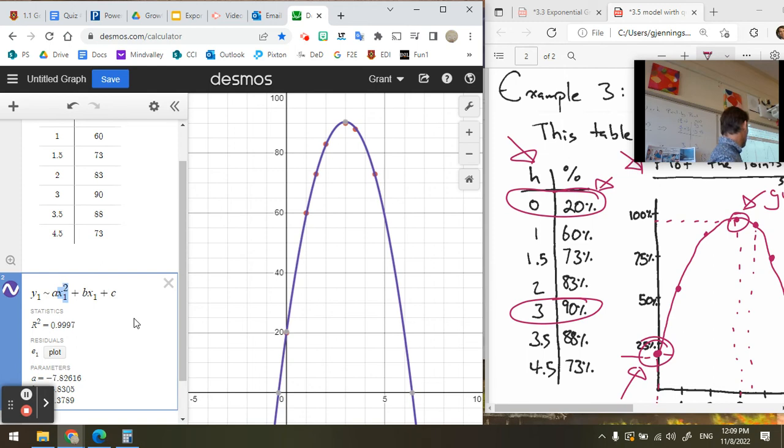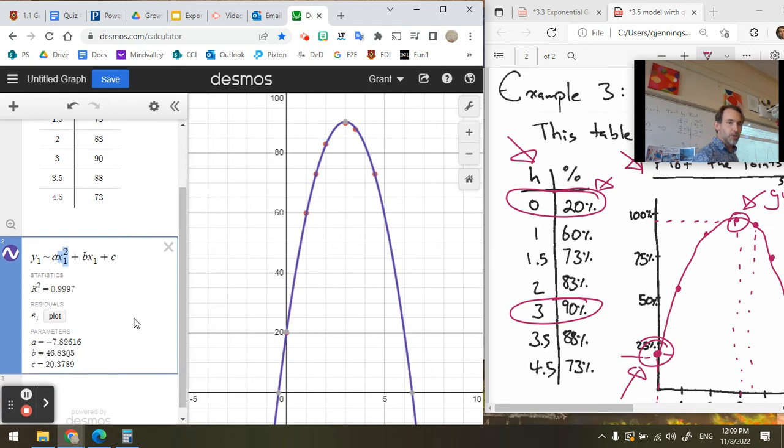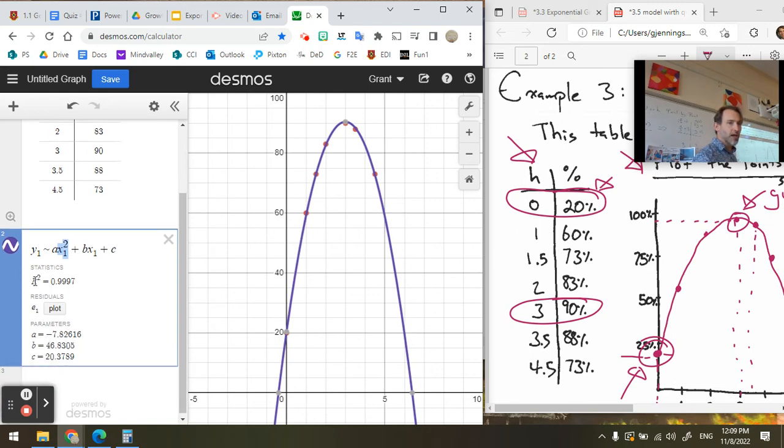So I use the standard form here, a x1 squared plus b x1 plus c. Any quadratic can be that. And then it tells me here the R squared tells me how reliably this parabola predicts the data. And the closer that number is to 1, the more accurate this parabola is.